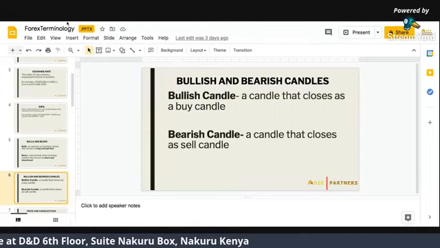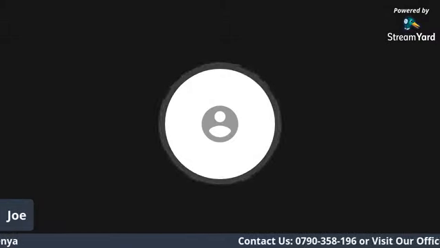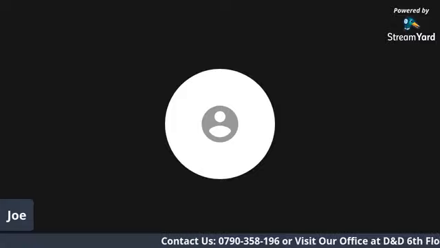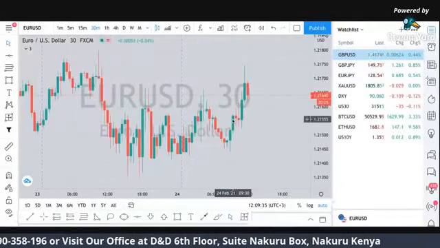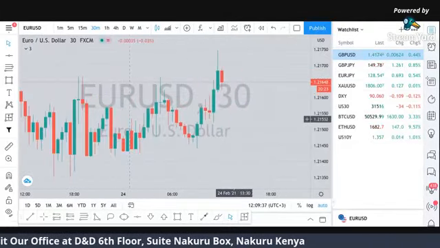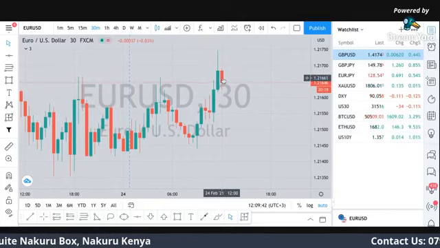Let's have a brief look at it. Now in this live market, this one is a bull candle. This one, what is happening right now, is a bearish candle.